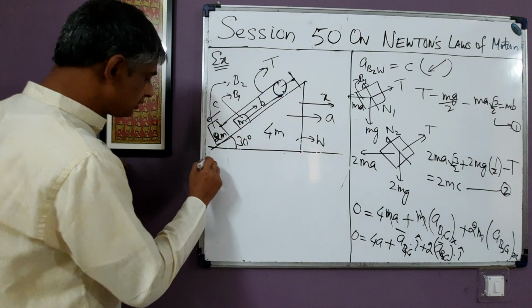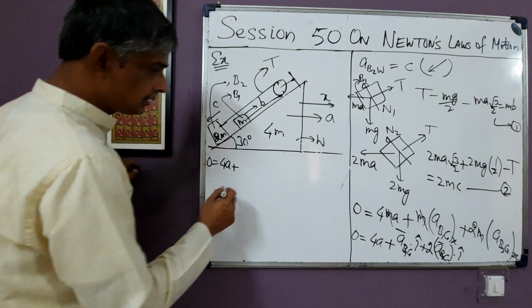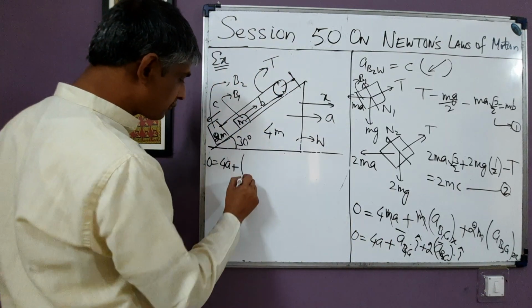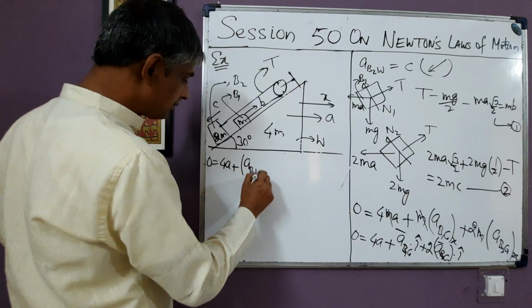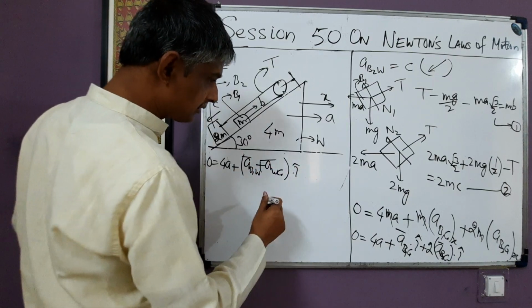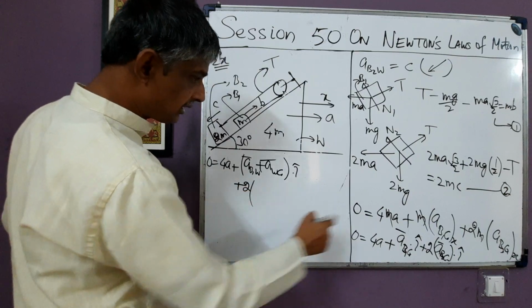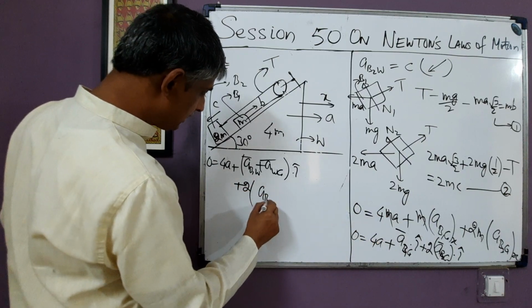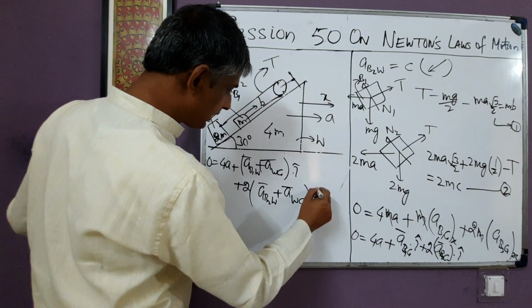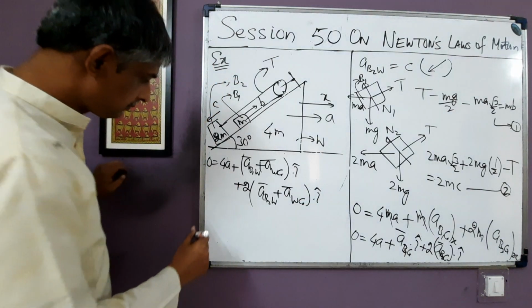So we write 0 is equal to 4a plus a B1g dot i hat. Now a B1g will be written as, from the formula for translating frame, a B1w plus a wg dot i hat plus 2 times a B2g, that will be written as a B2w plus a wg dot i hat, adds up to 0.